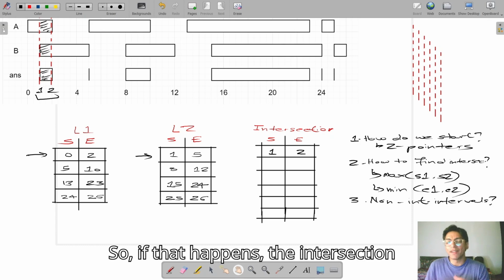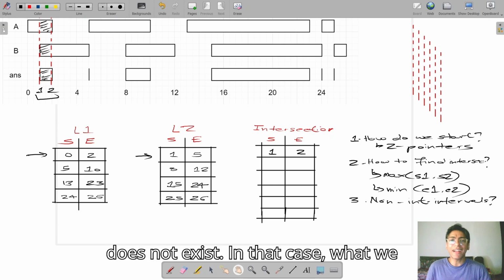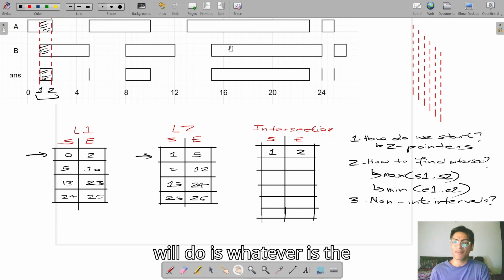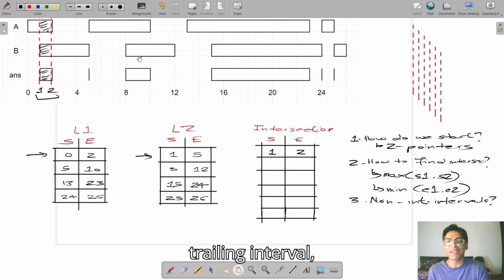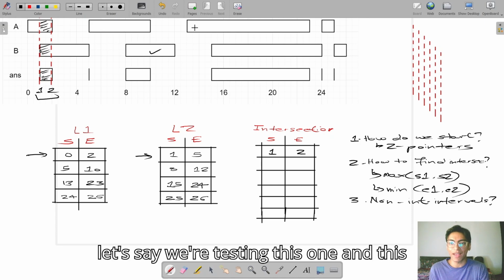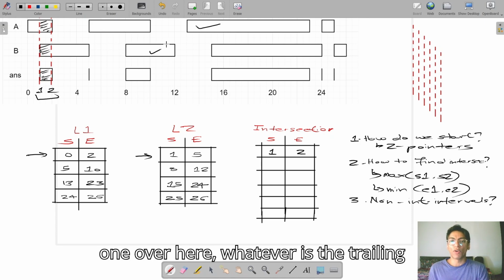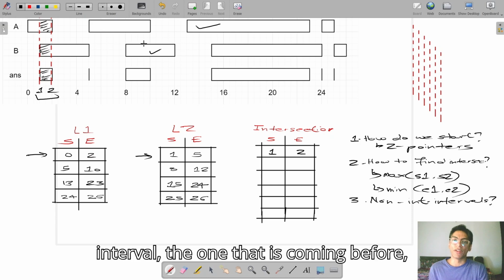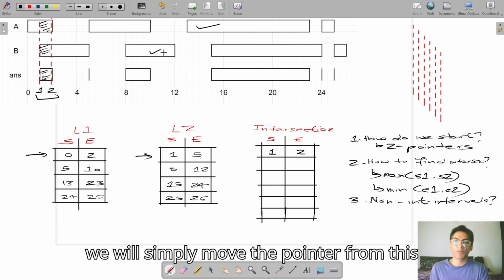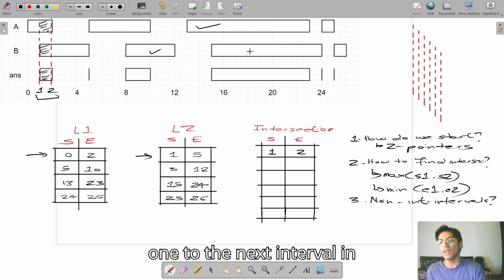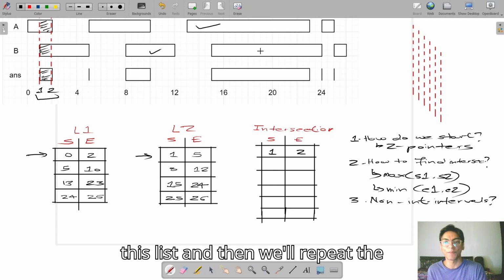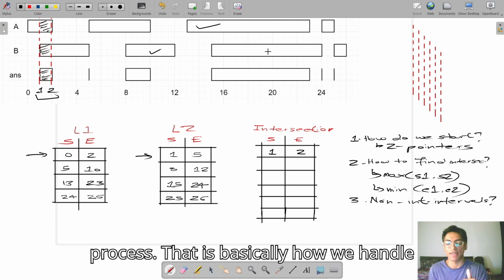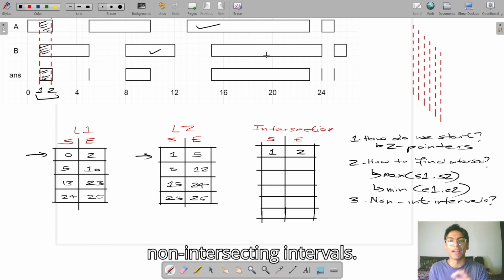If that happens, the intersection does not exist. In that case, what we will do is, whatever is the trailing interval, let's say we're testing this one and this one over here, the one that is coming before, we will simply move the pointer from this one to the next interval in this list, and then we'll repeat the process. That is basically how we handle non-intersecting intervals.